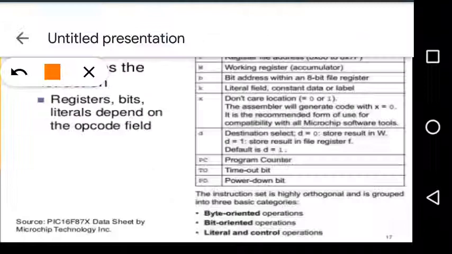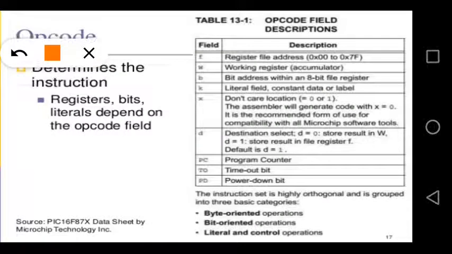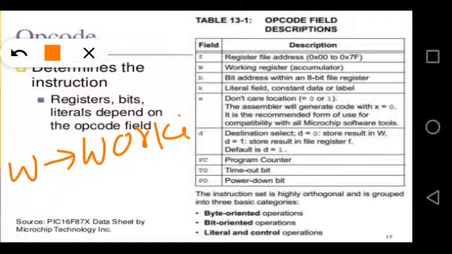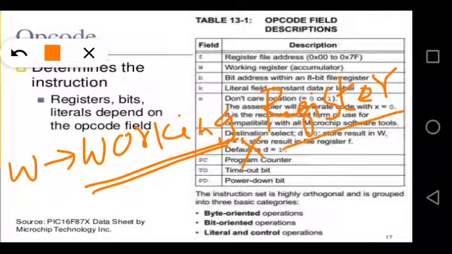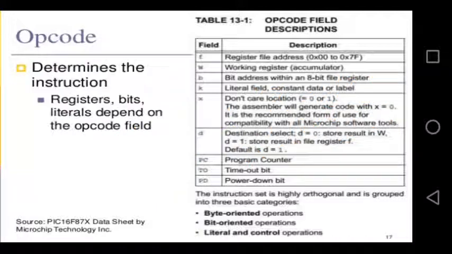Next I have W. W stands for working register. F stands for register file address. W stands for working register. Next I have small b.